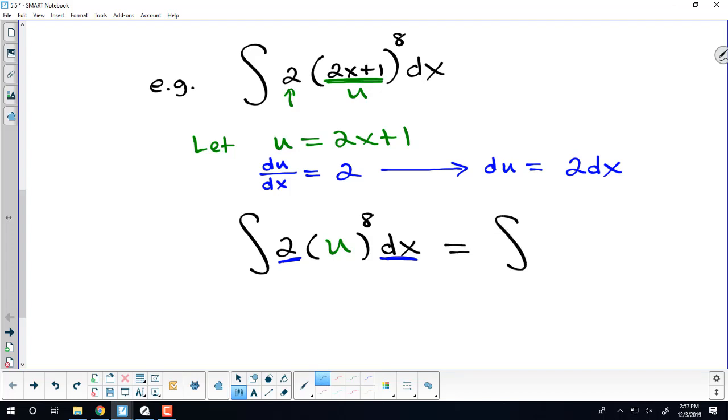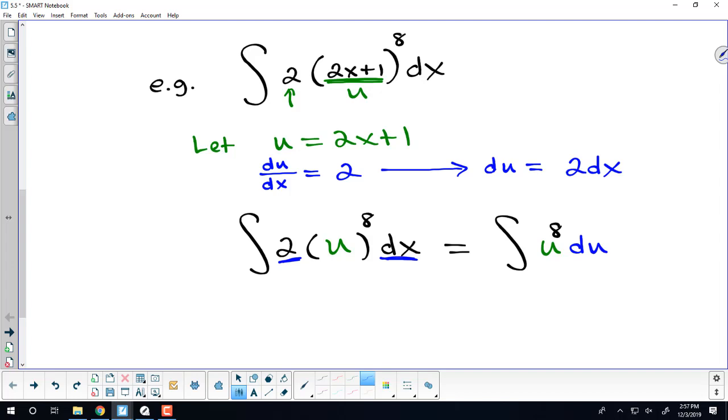So that's the integral of u to the 8th. Notice that outer function didn't get changed. It's still to the 8th power. And then our du takes care of the dx and the 2.